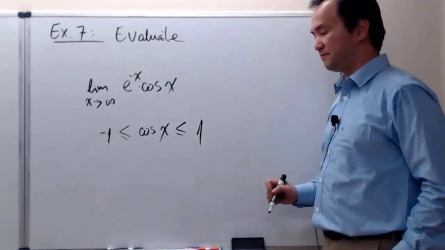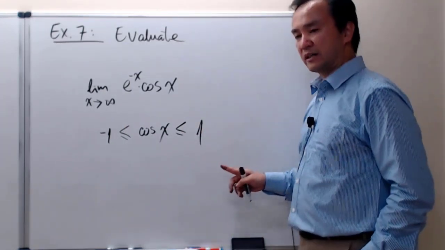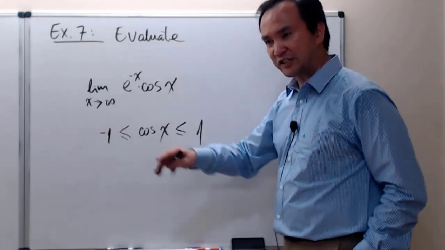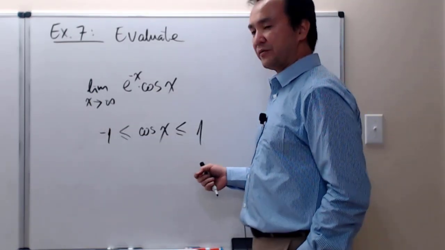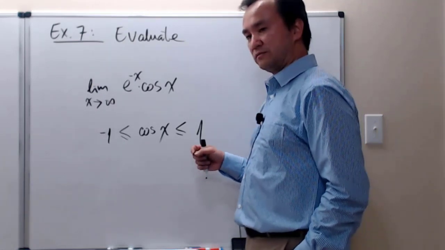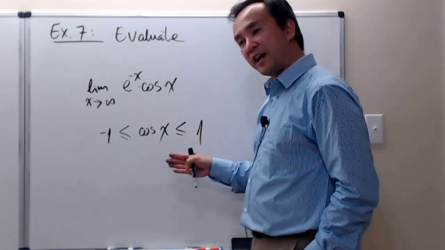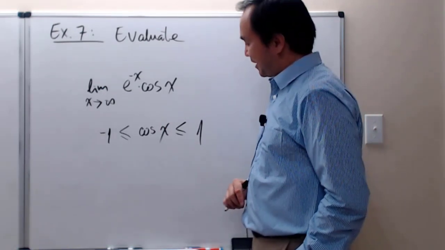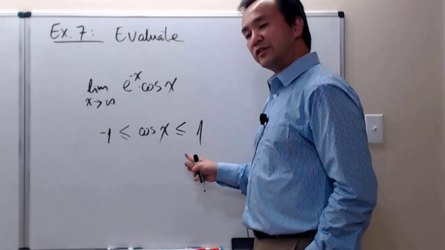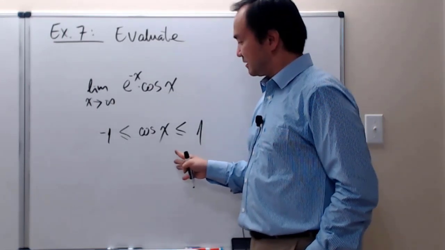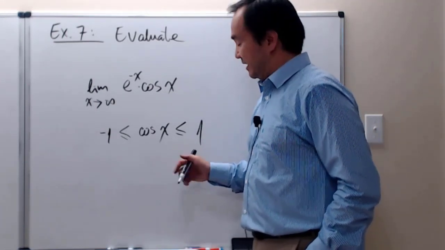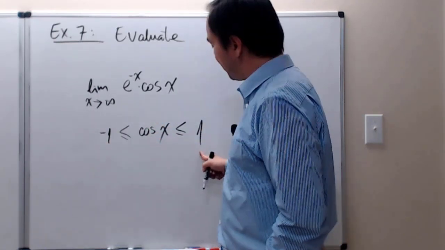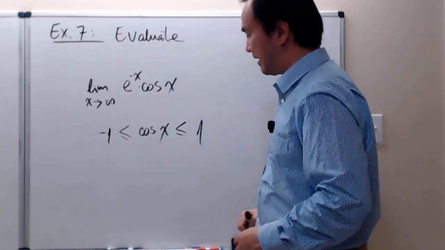If you need to remind yourself what the squeeze theorem is all about, go ahead and pause the video, roll back to the earlier lectures where I specifically taught how to use the squeeze theorem to find a limit, review that video, and then come back to this. Assuming you already reviewed your squeeze theorem, cosine is famously known to be anywhere from -1 to 1. No one can argue about it.